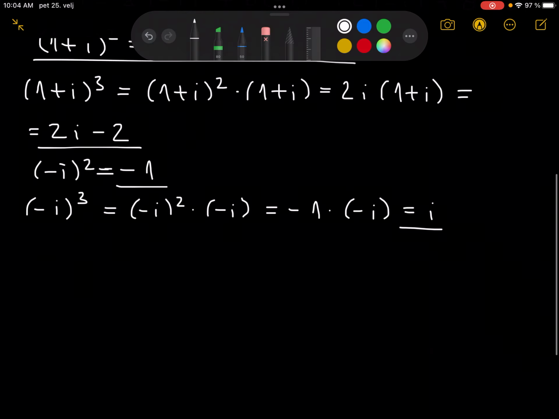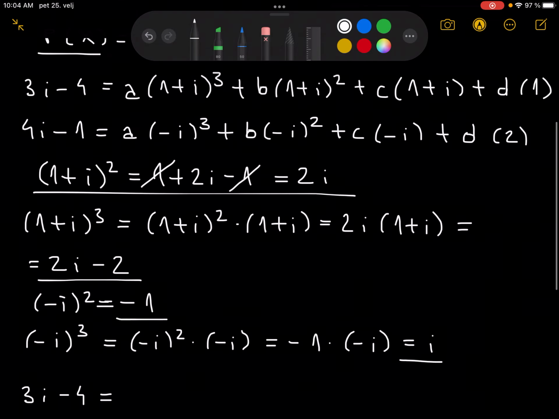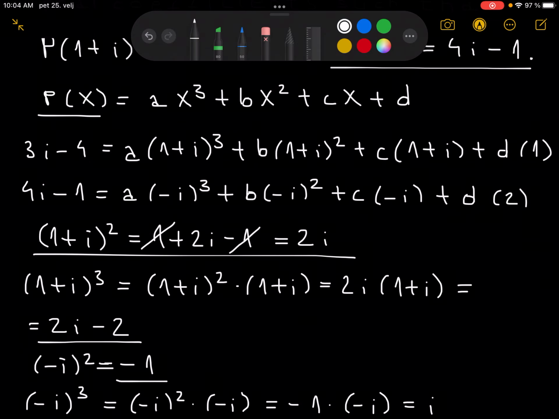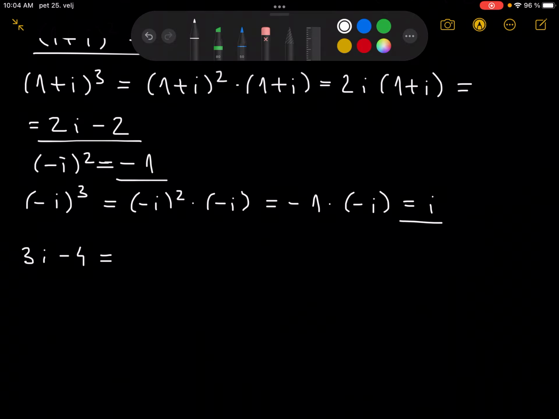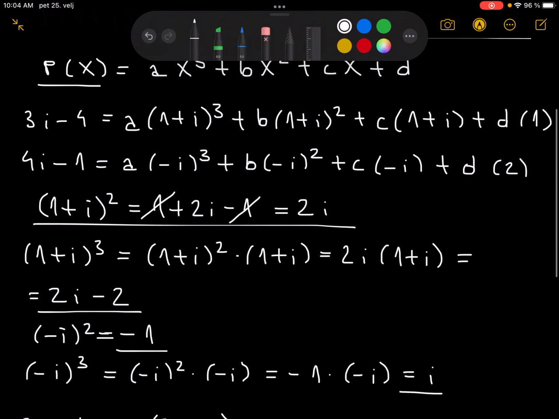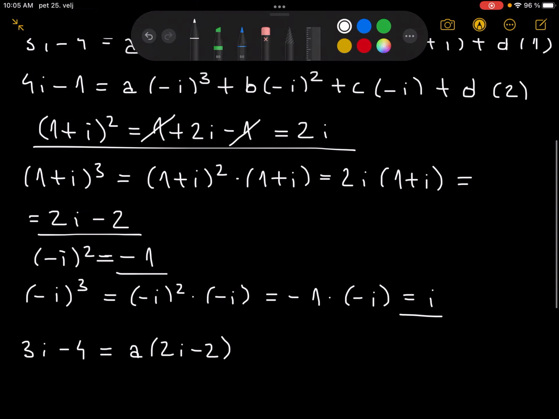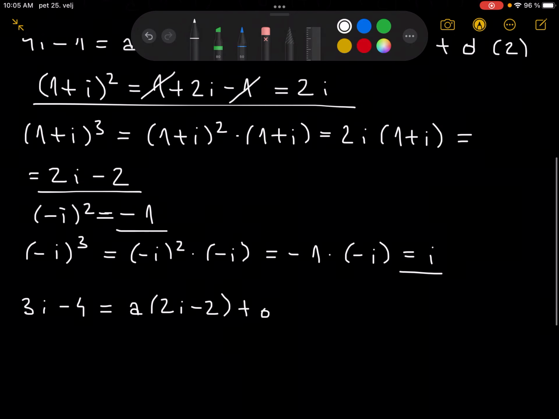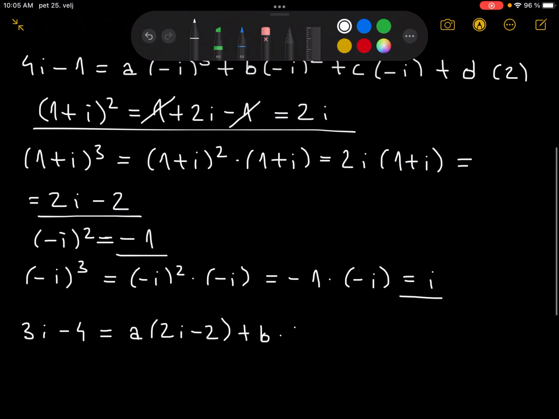Okay, so 3i minus 4 is equal to a times 1 plus i cubed, which is the same as a times 2i minus 2, plus b times 1 plus i squared, and we know that this is just 2i, plus c times 1 plus i plus d.